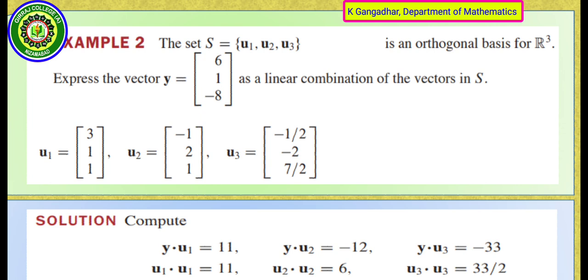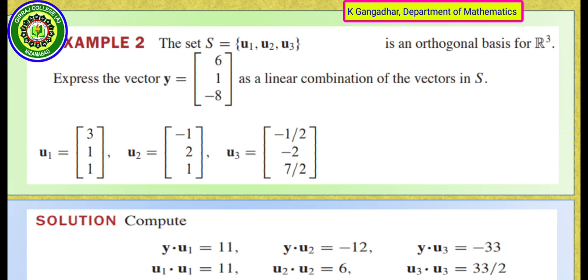Express the vector y equal to (6, 1, -8) as a linear combination of the vectors in S. Given u1 equal to (3, 1, 1), u2 equal to (-1, 2, 1), u3 equal to (-1/2, -2, 7/2). To show that y is a linear combination of elements of S, we write y equal to c1 u1 plus c2 u2 plus c3 u3.